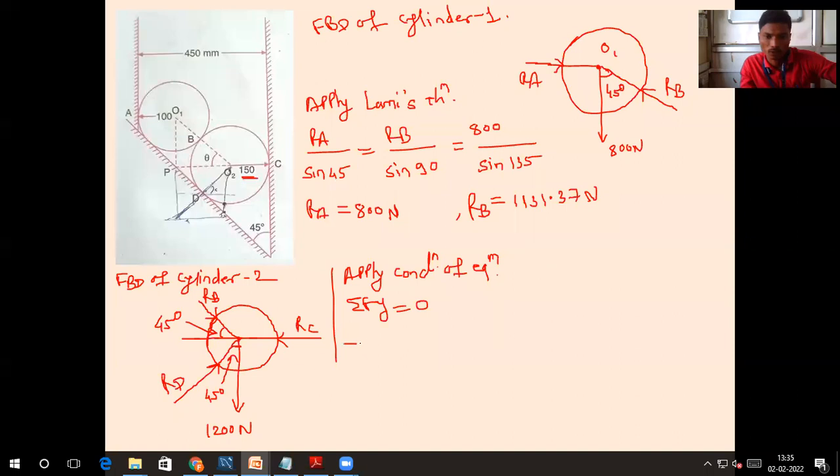RB is 1131.37. The angle made by reaction RB with the horizontal is 45. So do we have to take sine or cos? Sine, sir.